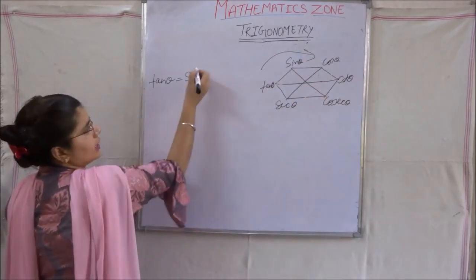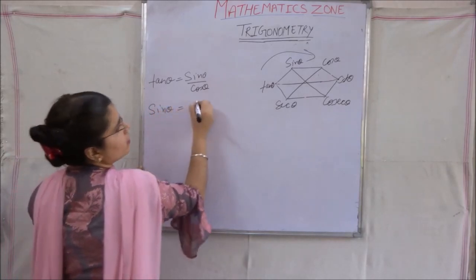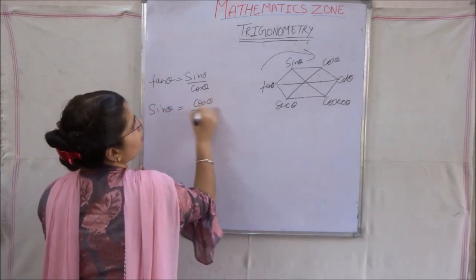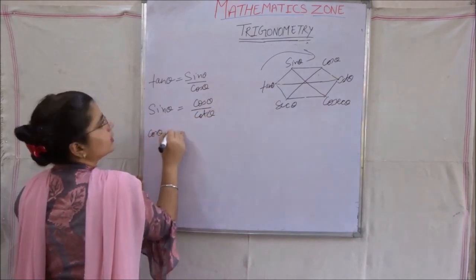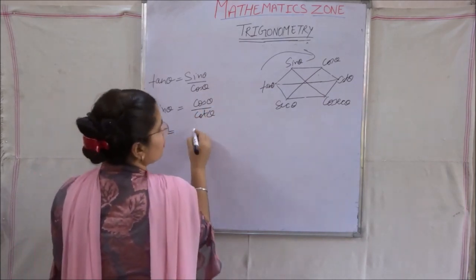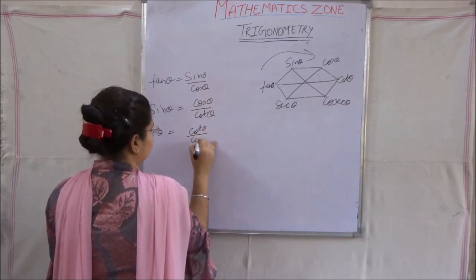Tan theta is sin theta upon cos theta, sin theta that will be cos theta upon cot theta. Cos theta that will be cot theta upon cosec theta.